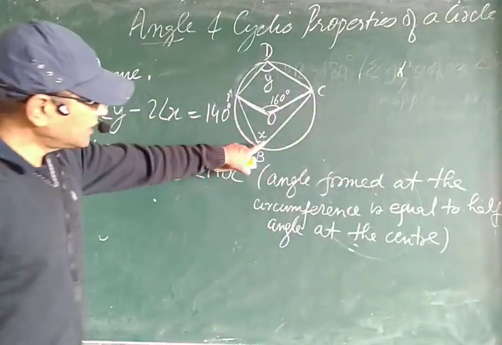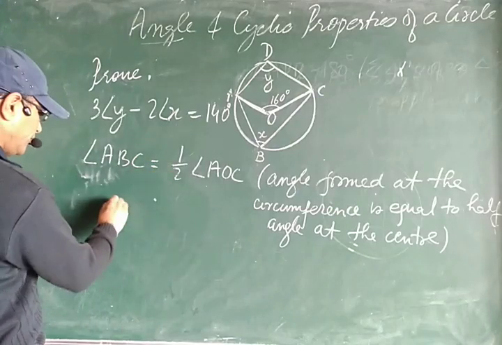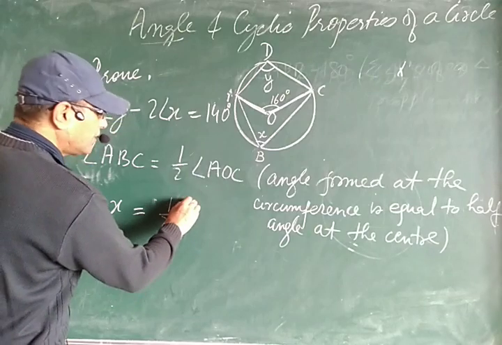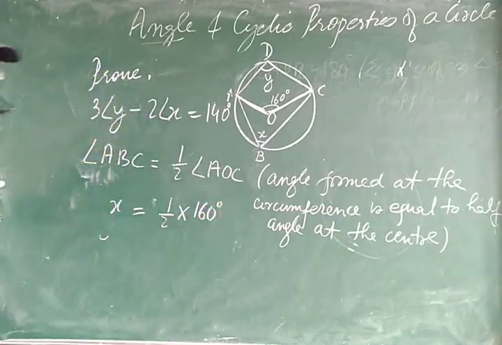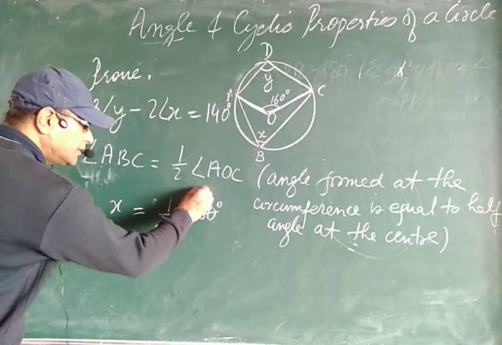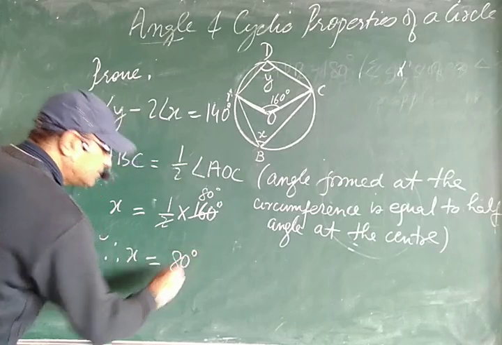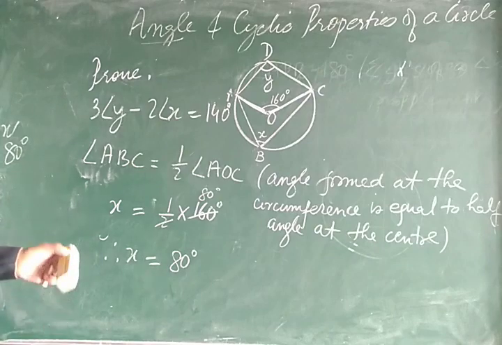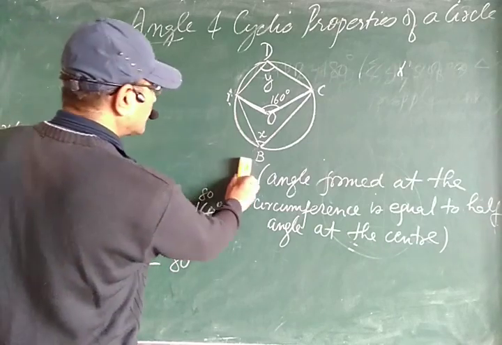So instead of ABC we can write x, which is equal to half angle AOC, and AOC is 160 degrees. So cancel this out, and therefore x is equal to 80 degrees. We found the value of x, right? x is 80 degrees. Now, likewise, we are going to find y.